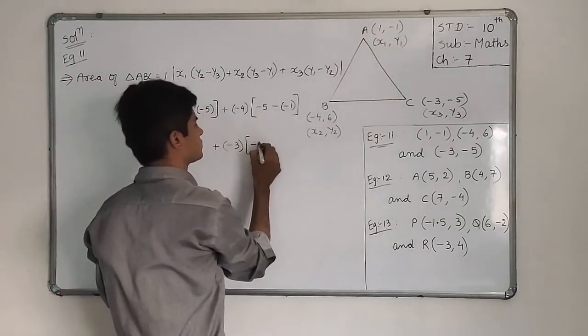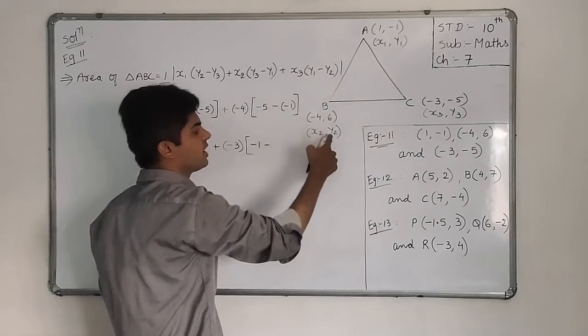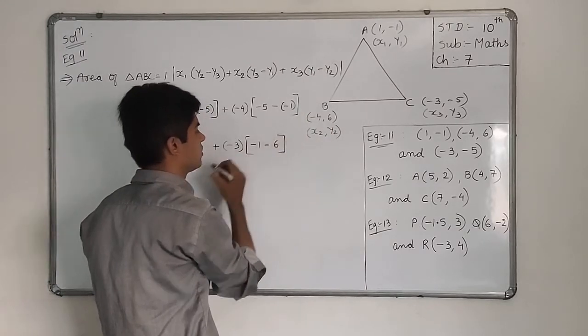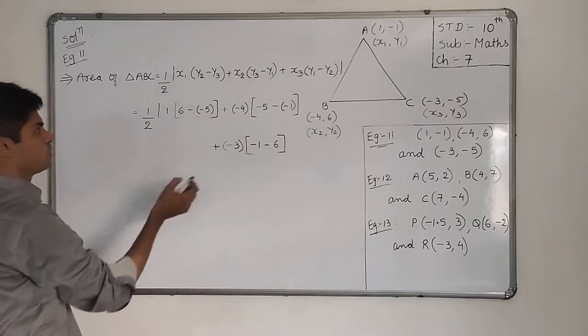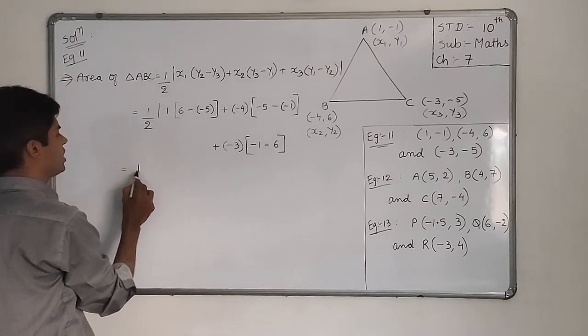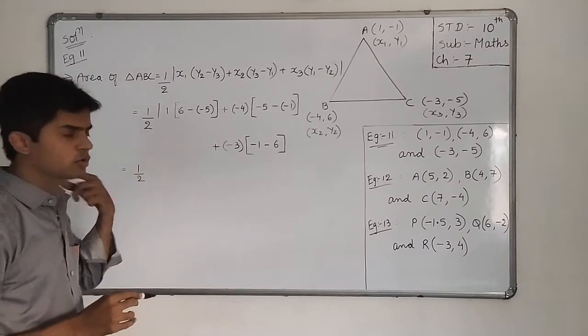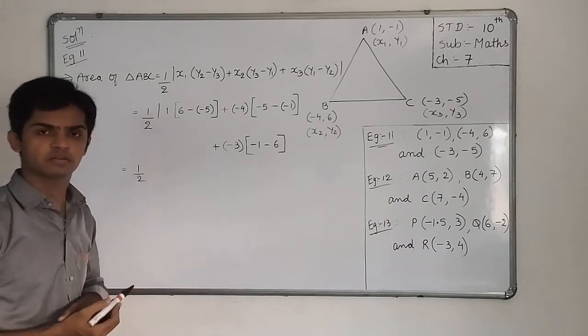Minus 1. Minus is the sign of formula, and y2 itself is 6. So we are going to write 6 only. Let us solve this. You have to take very much care, बहुत आपको जो है वो ध्यान रखना है when you are solving this minus sign.